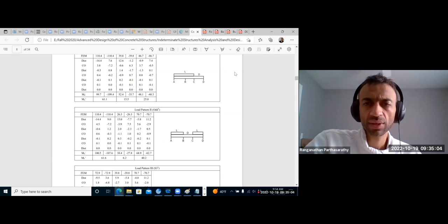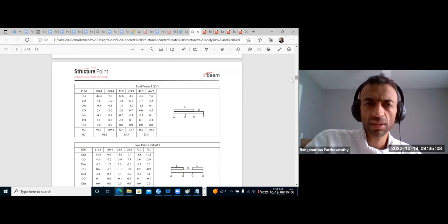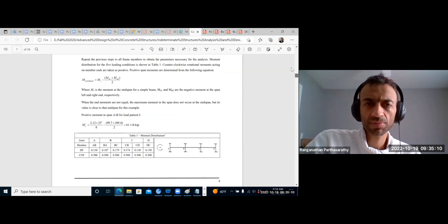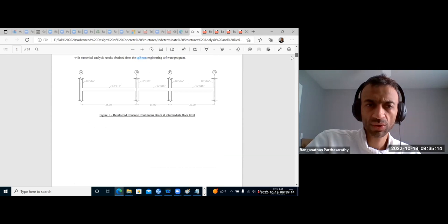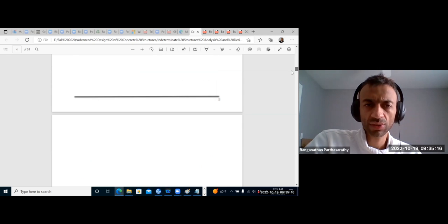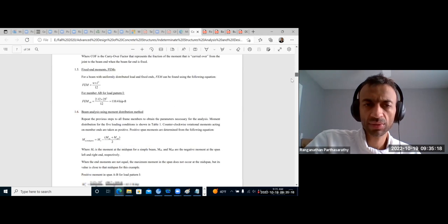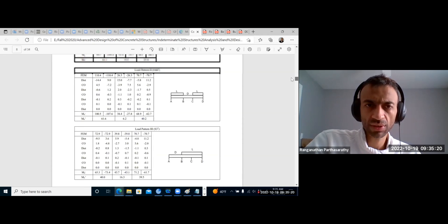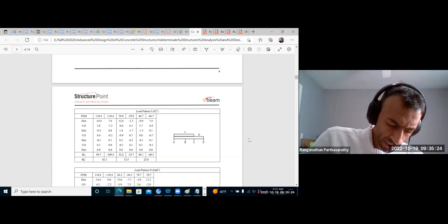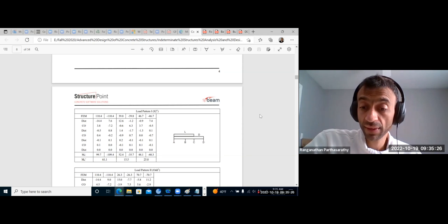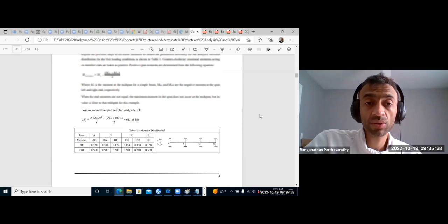Here your span length for span AB is 25 feet. If you calculate WL square by 8, what was W?